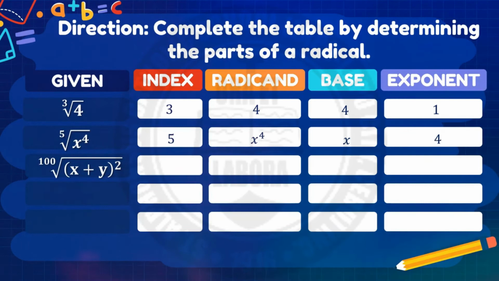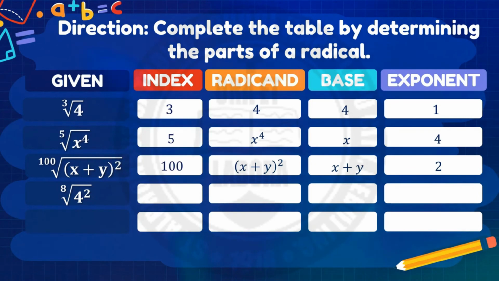Number 3, 100th root of the quantity x plus y squared. The index is 100, the radicand is the quantity x plus y squared, the base is x plus y, and the exponent is 2.